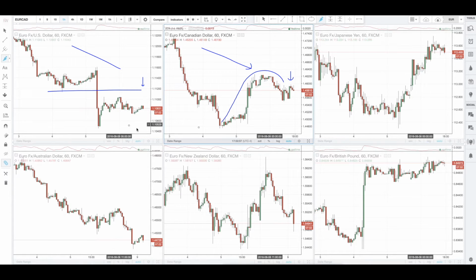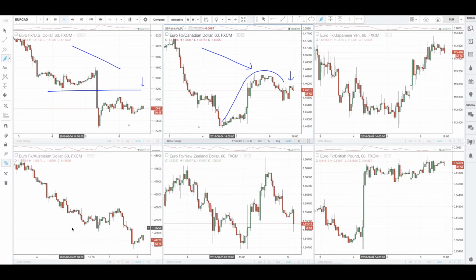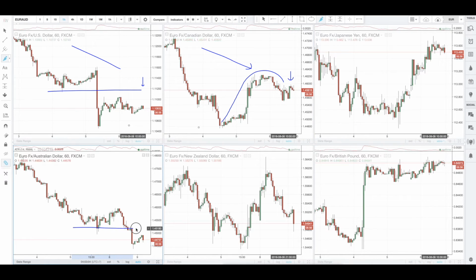Now, if you were to take that even further, look at this one. If I was to say the same support equals resistance from here, notice how since early on the 8th, price has pulled back. But here on the 8th, price couldn't even pull back. It just kept going lower and lower and lower. The pullback that it's doing now is this same pullback here, very temporary into a strong down move.